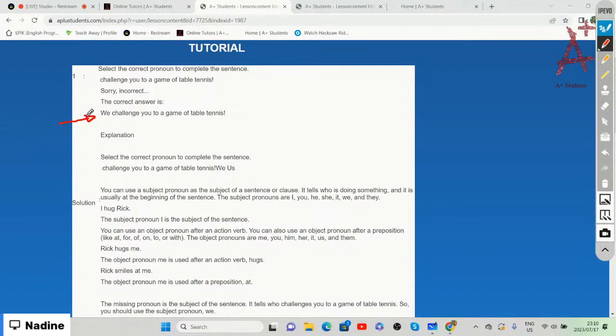We need to select the correct pronoun to complete the sentence.